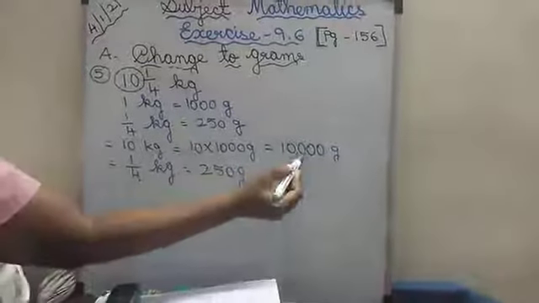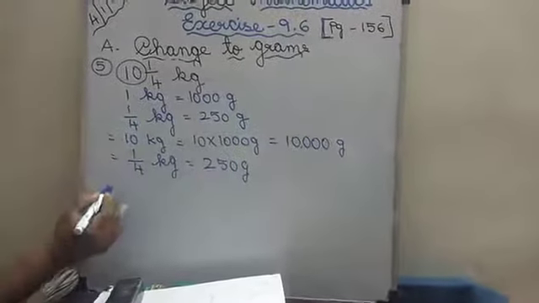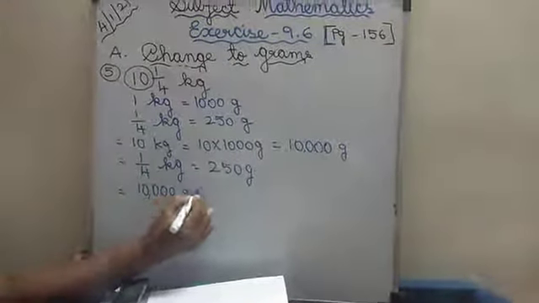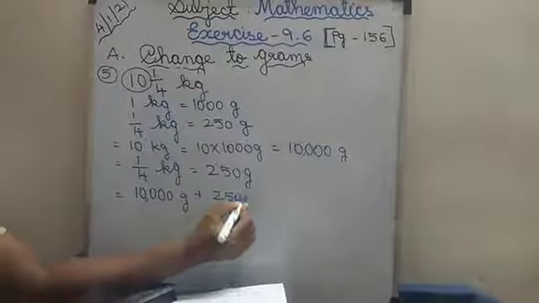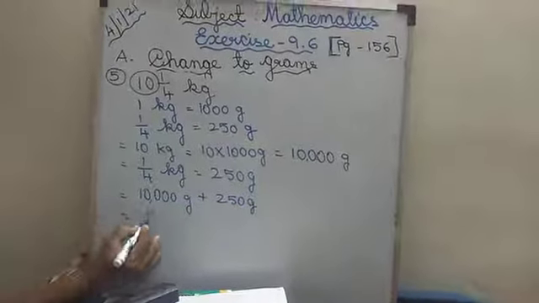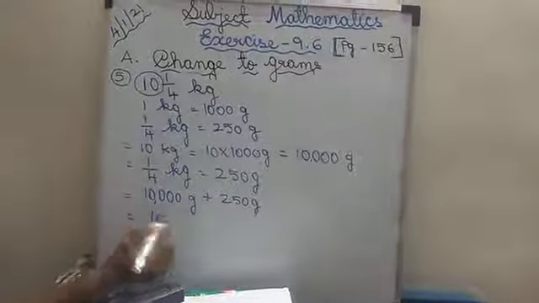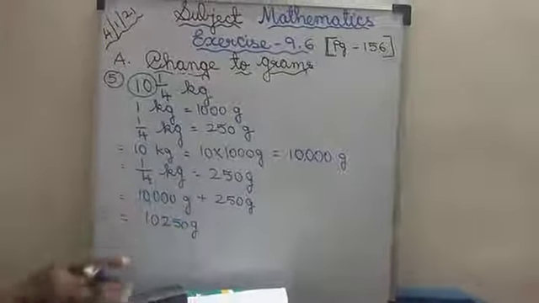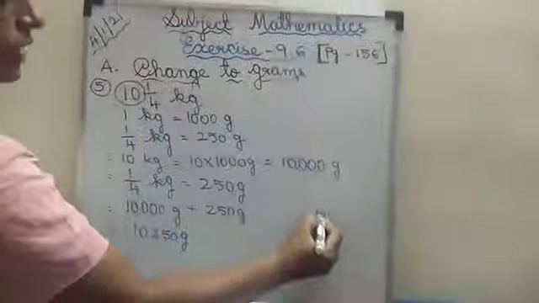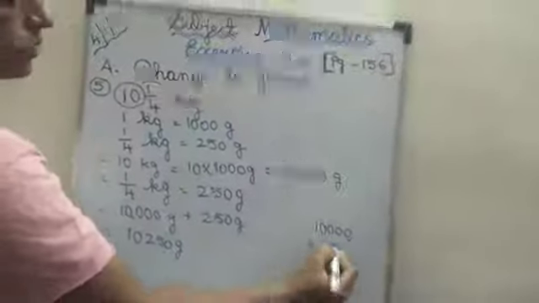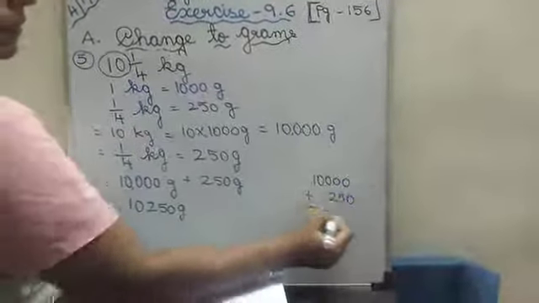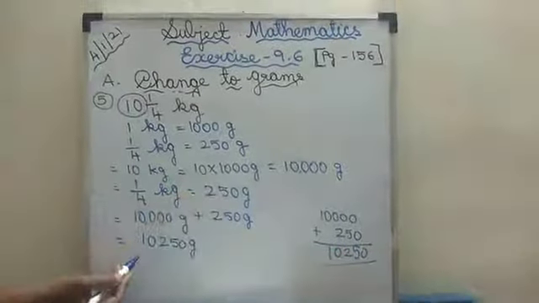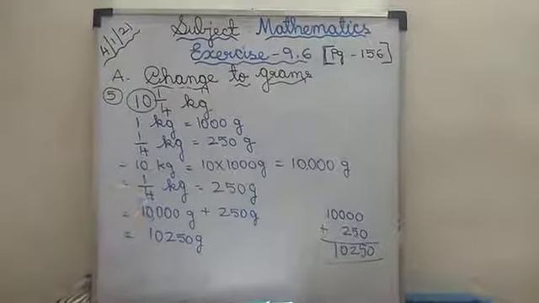So now you have to add both the grams. 10,000 gram plus 250 gram is equal to, you write this 10 as it is, and then put this 250 here. Understood, children? Otherwise you have to write 10,000 plus 250. 10,250. Okay, children? So this is the answer.